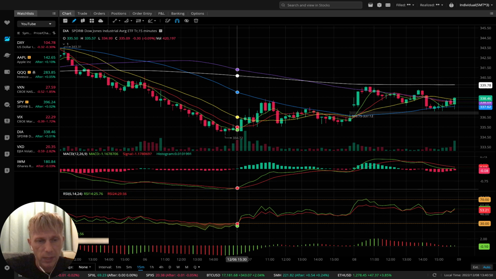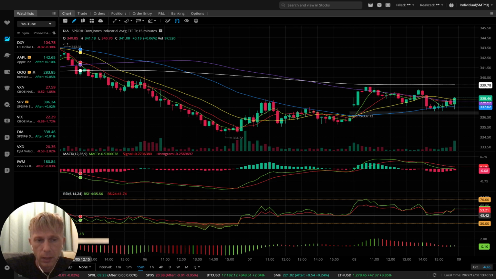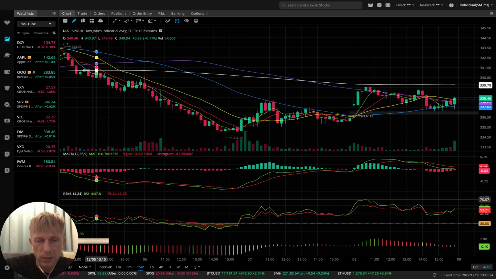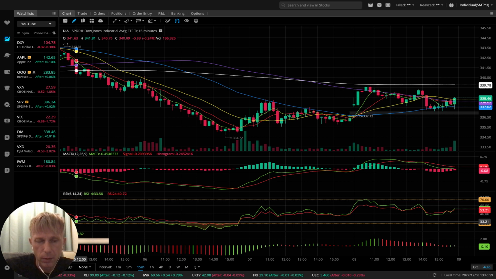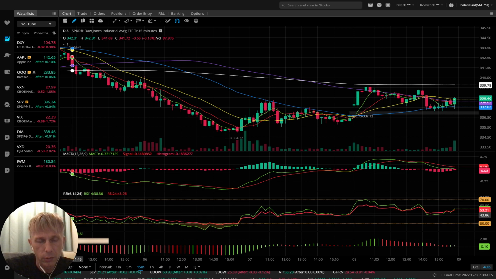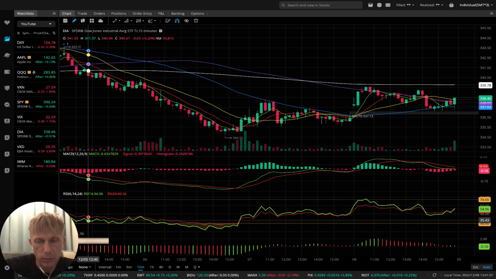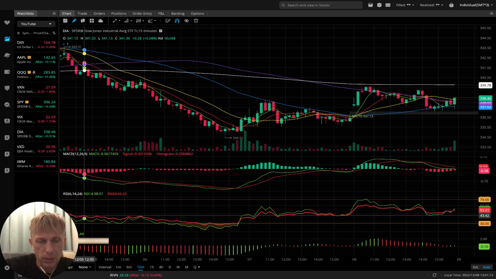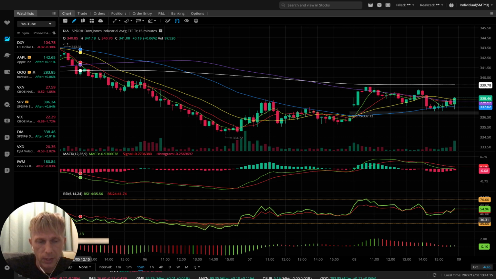Let's move to RSI. RSI has 70, it's the overbought line, and 30, it's the oversold line. It's two yellow lines. Between 30 and 70, we have a range. The red line is a signal line, and the green line is the RSI line.